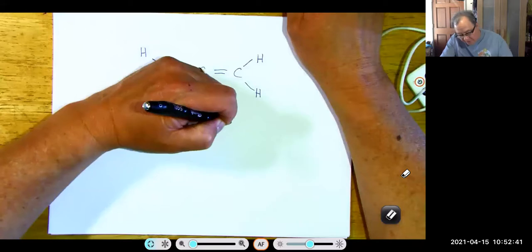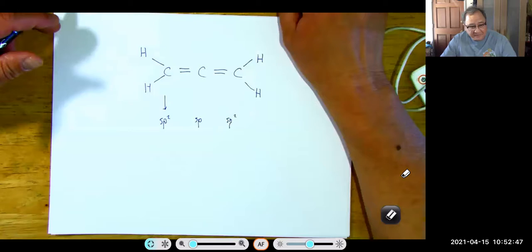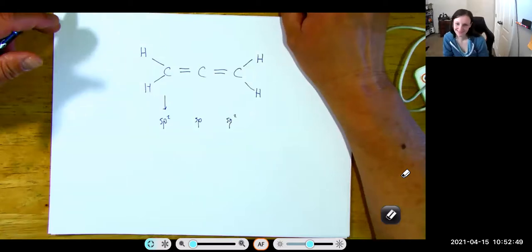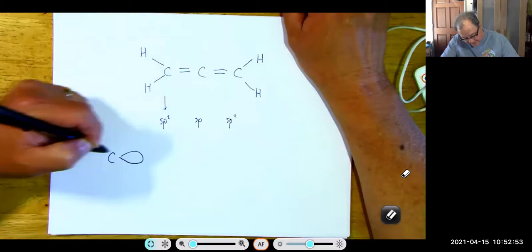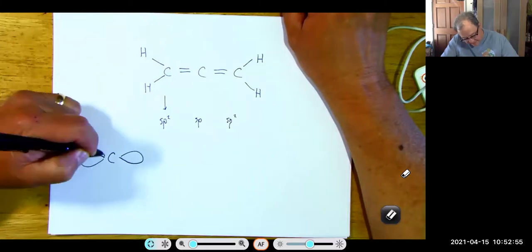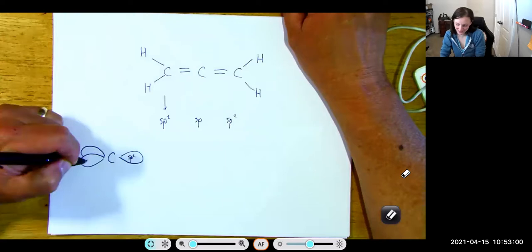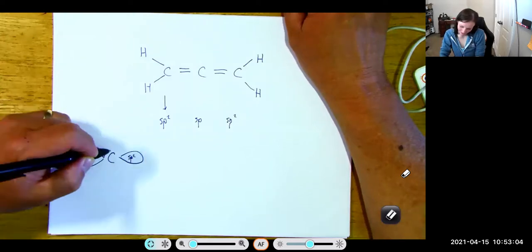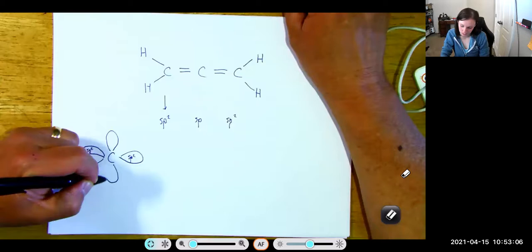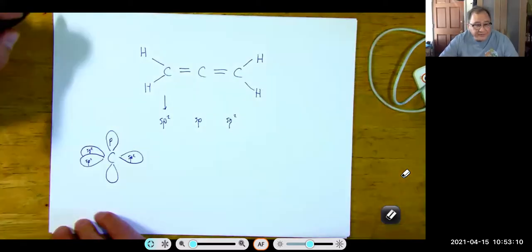Now, I already showed you the best way for drawing a double bond is with the triangle sideways, right? So you should do this for that carbon on the left end. Draw the hydrogens in.